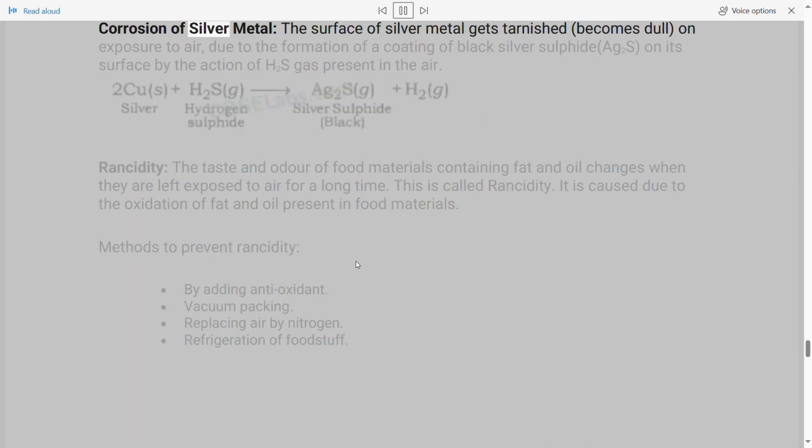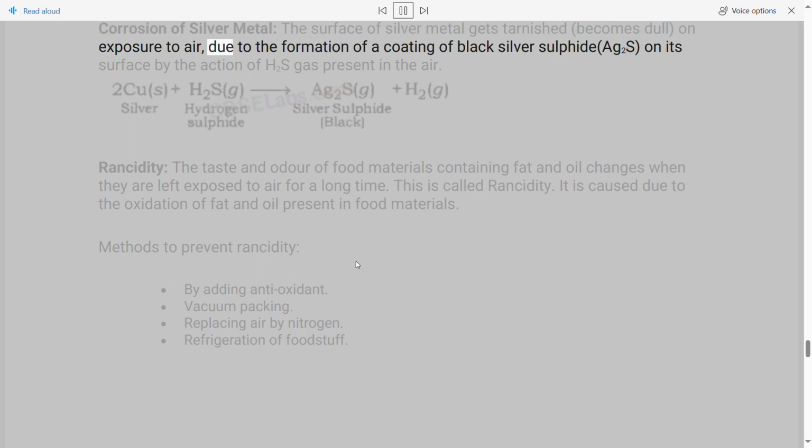Corrosion of silver metal: the surface of silver metal gets tarnished, becomes dull, on exposure to air due to the formation of a coating of black silver sulfide, Ag2S, on its surface by the action of H2S gas present in the air.